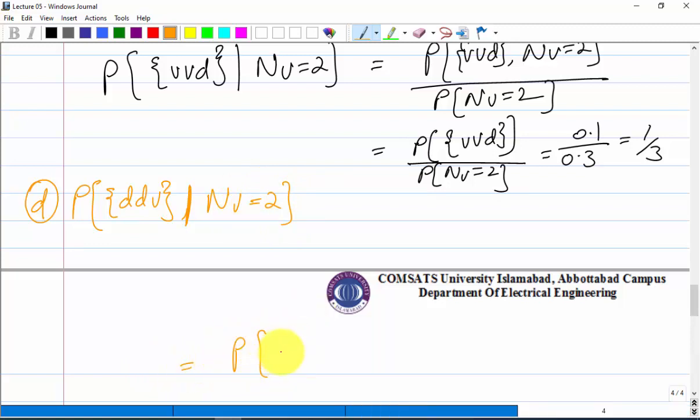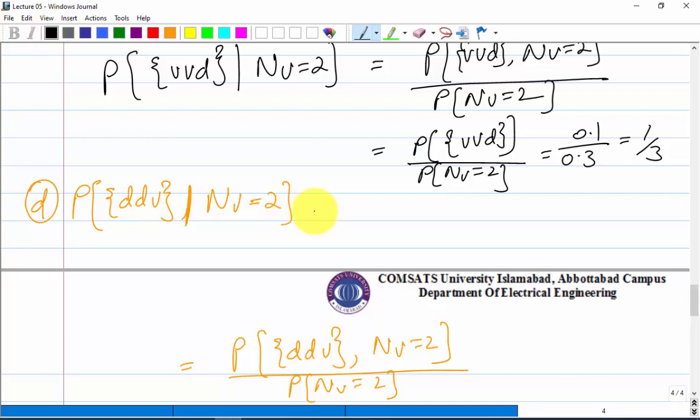It will be equal to the probability of DDV intersection NV equal to 2, divided by the probability of NV equal to 2.